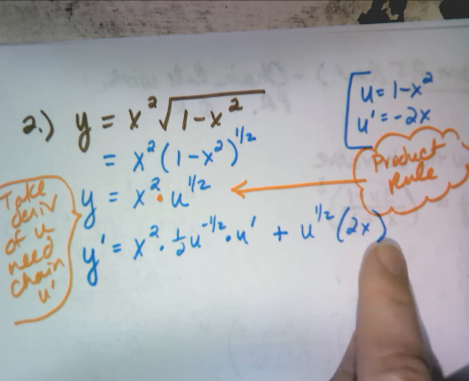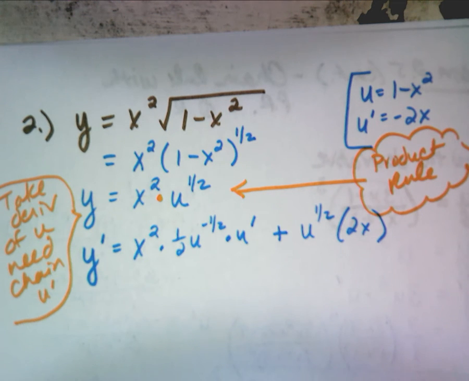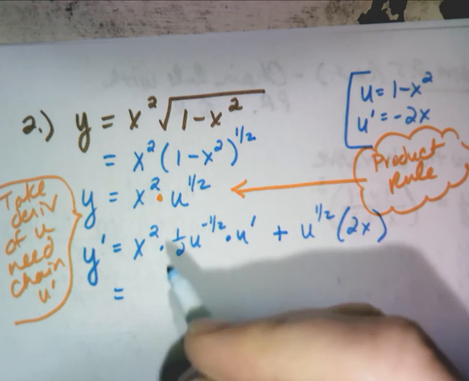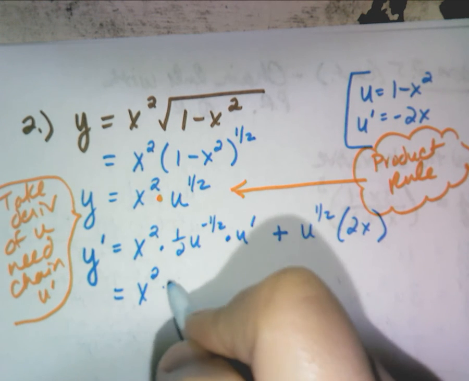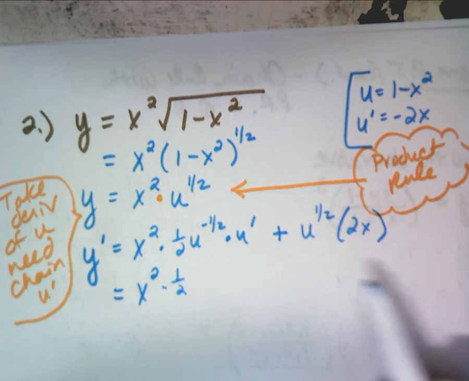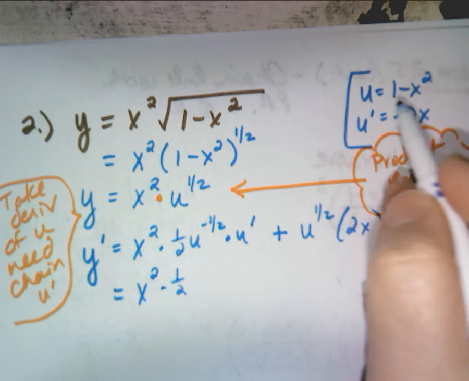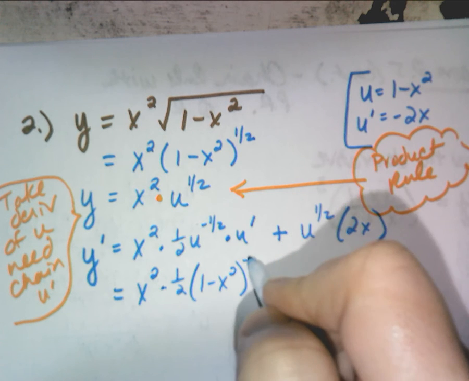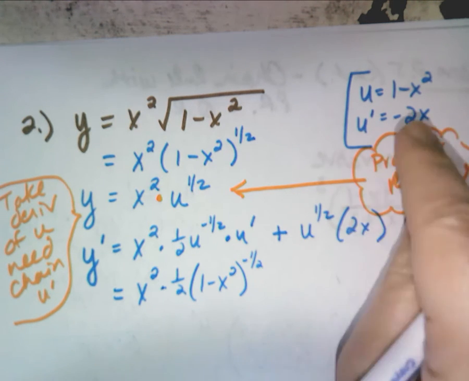Okay, now this is getting better. Now it's just algebra from here on out. Now we're going to plug in our u and u prime. u we have established as 1 minus x squared to the negative 1/2. u prime was negative 2x.